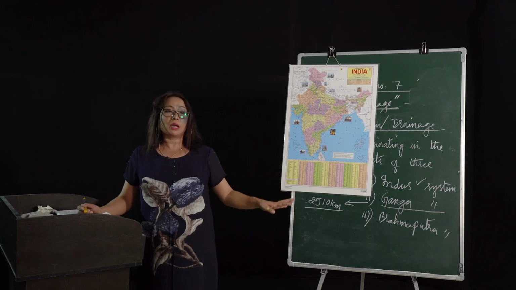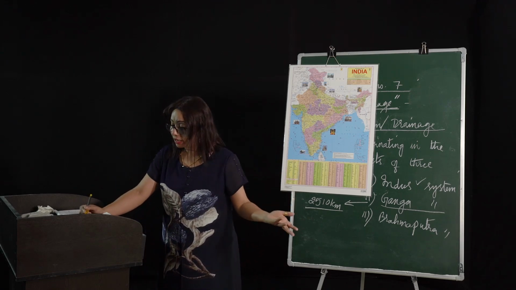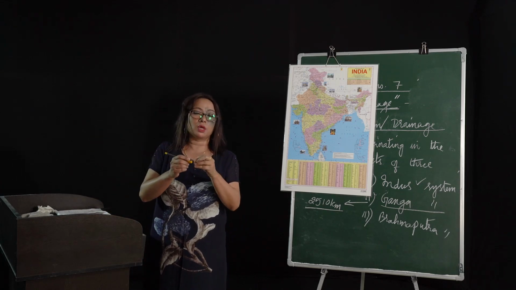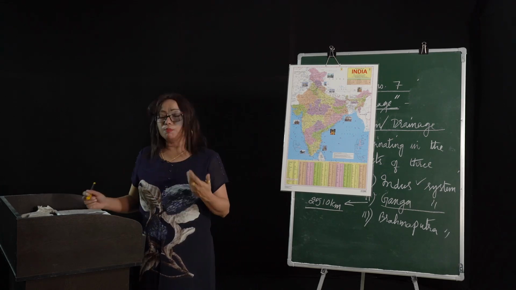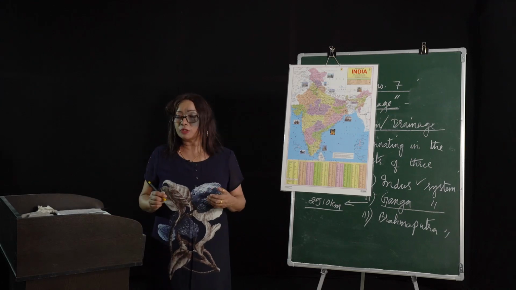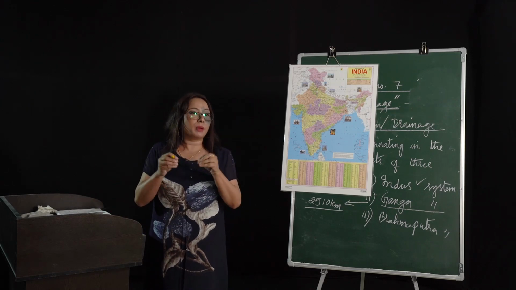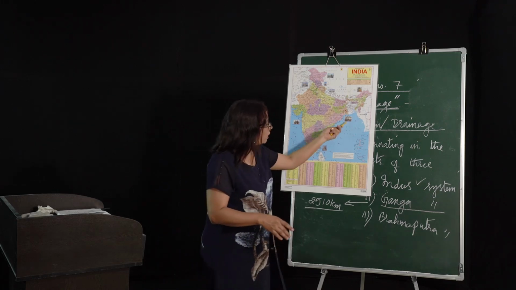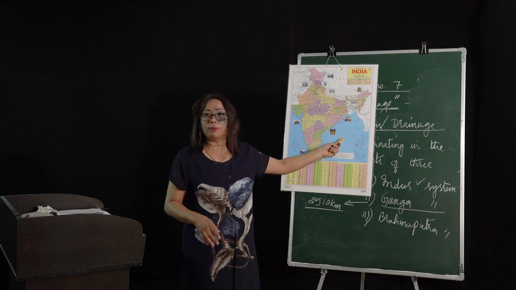Now the Padma meets the Meghna. In Bangladesh it becomes Padma, and it meets the river Meghna. The Padma and Meghna join together, and then finally it drains into the Indian Ocean, the Bay of Bengal.